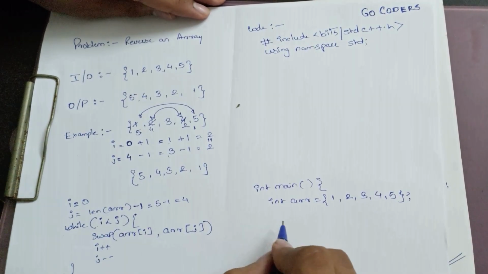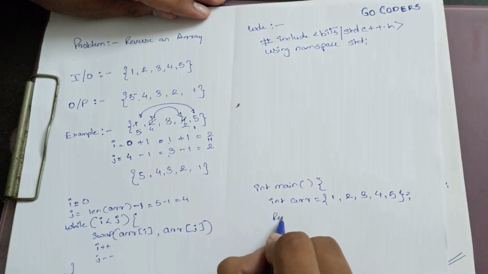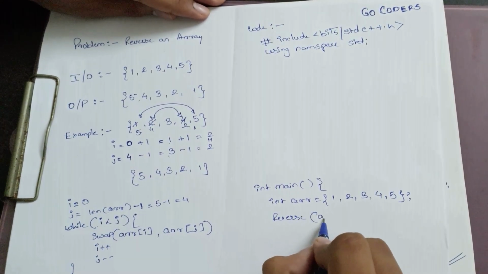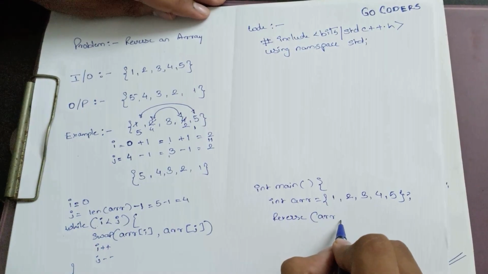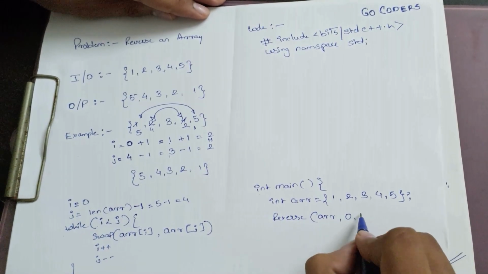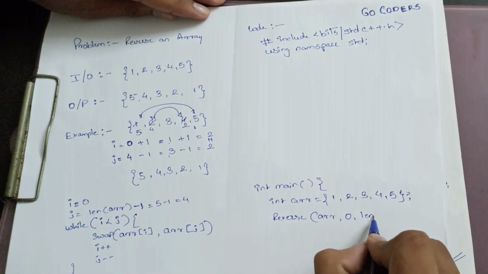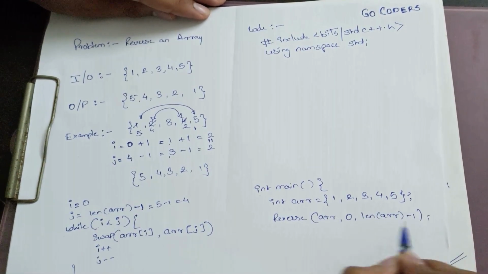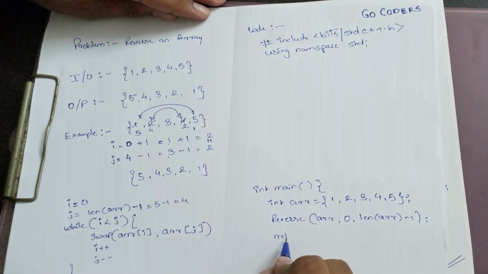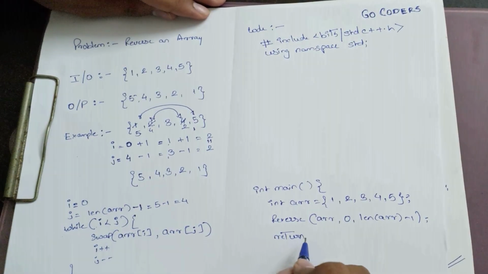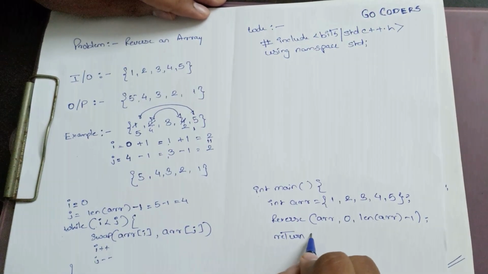Okay. Now let's call the function reverse. Let's pass the array, then the starting index, which is 0, then the ending index, which is the length of the array minus 1. Return 0.